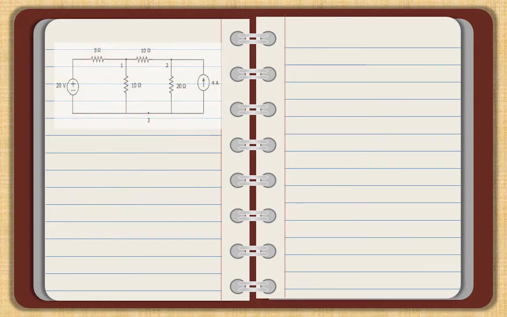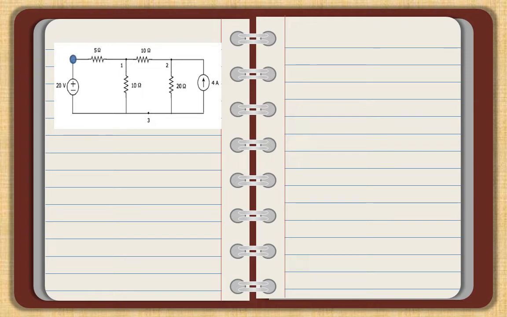Here is our first example. We have a simple series-parallel circuit which has a voltage and a current source. What does the definition say? Two or more elements having a common connection is a node.